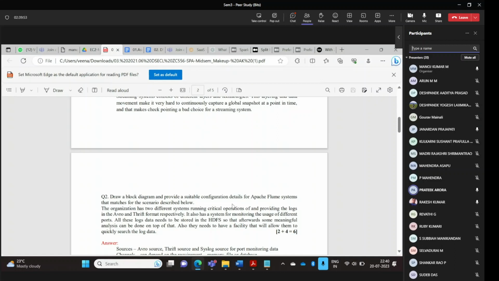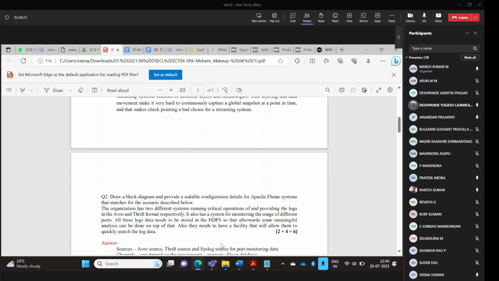Flume is nothing but similar to Kafka, but Flume is in the Hadoop world. It is specific to Hadoop. It is less highly available, less fault tolerant, and a bad brother of Kafka. But in the Hadoop world, Flume is used because it is very much compatible with Hadoop.